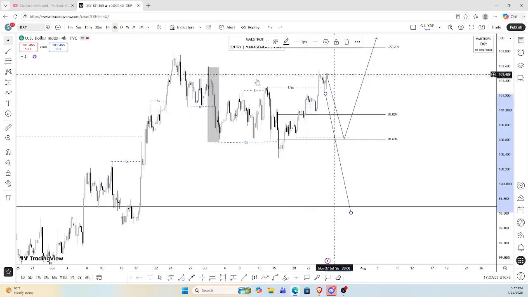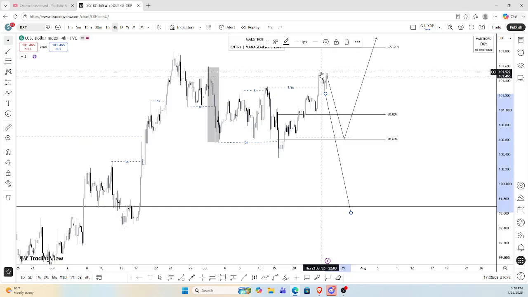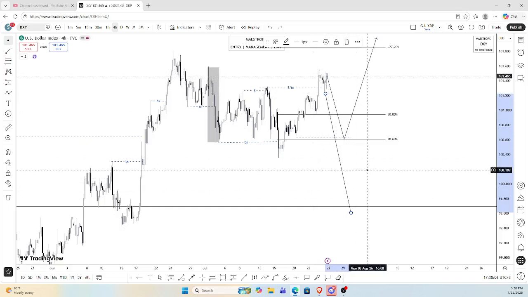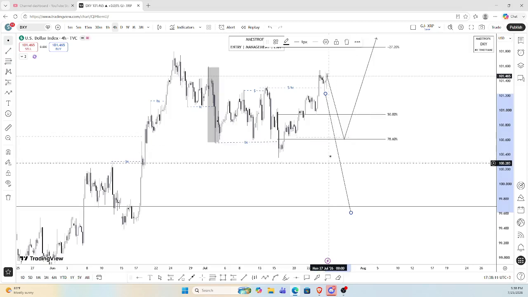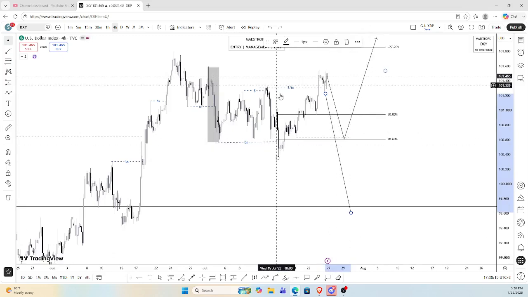Probably we could have been used as liquidity, and after the swipe of this liquidity here, this high is probably where the real movement is going to happen. So still it is 50-50, but I'm more inclined to the upside than to the downside, but nevertheless we're going to see how the markets will react.